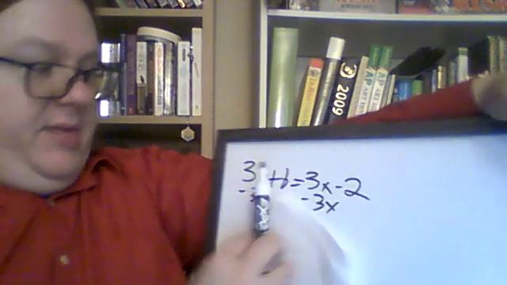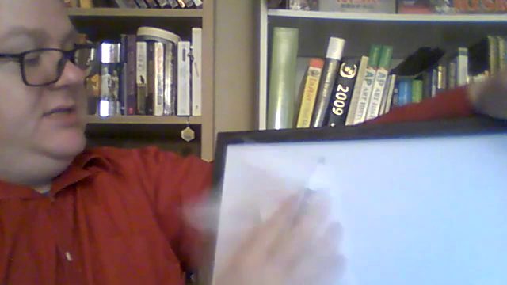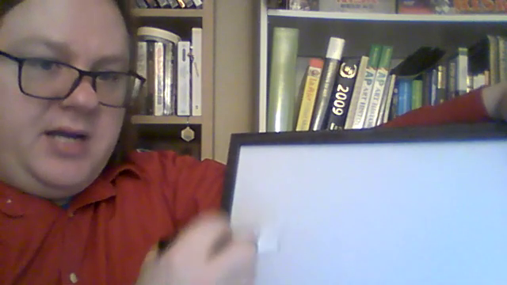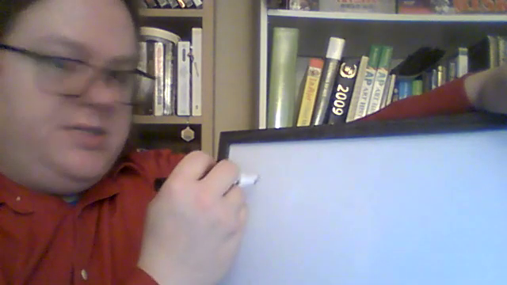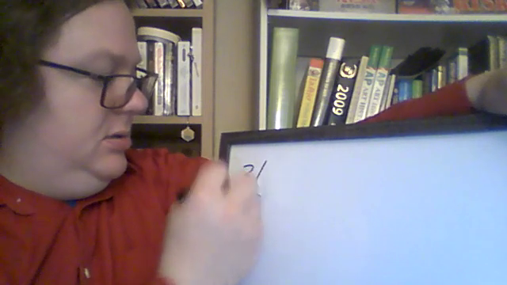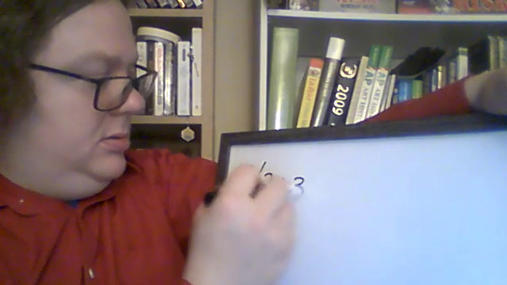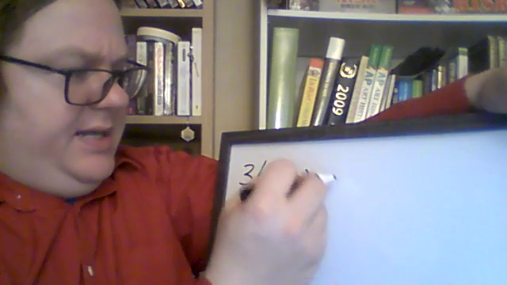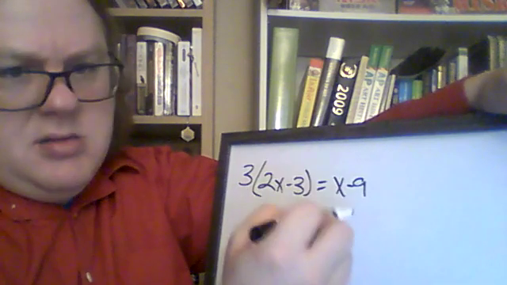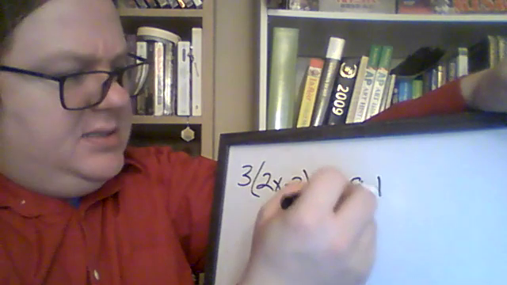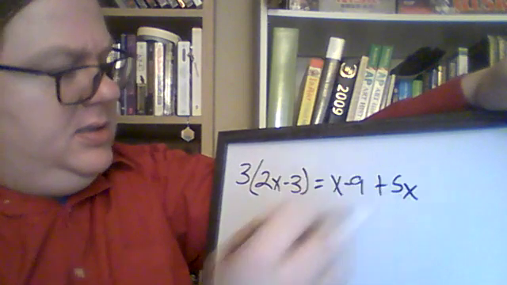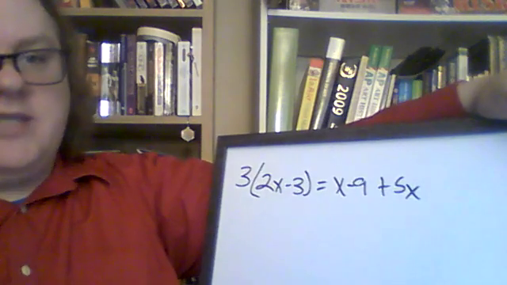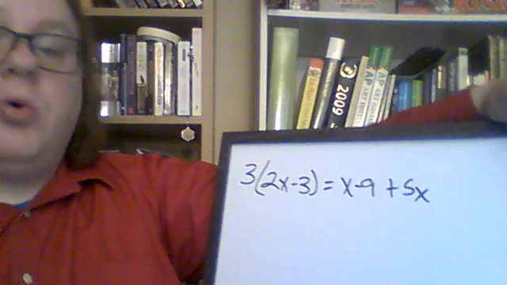Let's look at their main example that they want us to figure it out from. Of course, it's big and complicated. 3 parentheses 2x minus 3 equals x minus 9 plus 5x. And they want us to figure out if it's going to be infinitely many or no solutions.